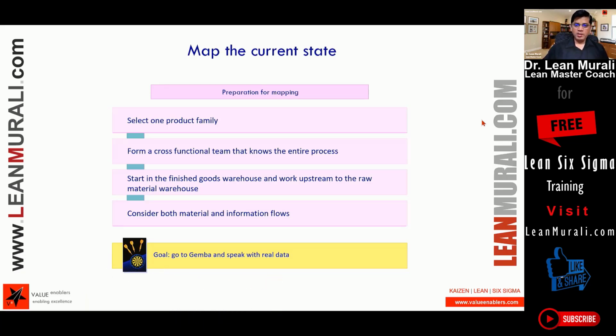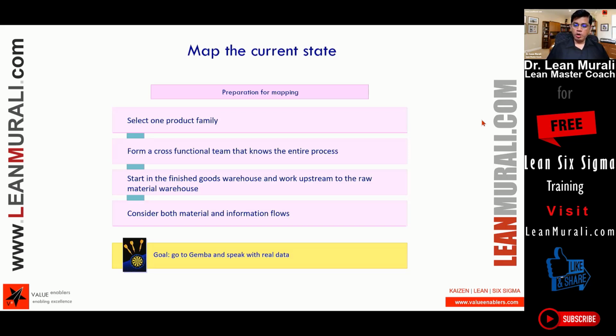First of all, even before you do value stream mapping, the most important thing is to select the product family. Please take good notes. The second one: form a cross-functional team that knows the entire process. Subject matter experts are important in value stream mapping.